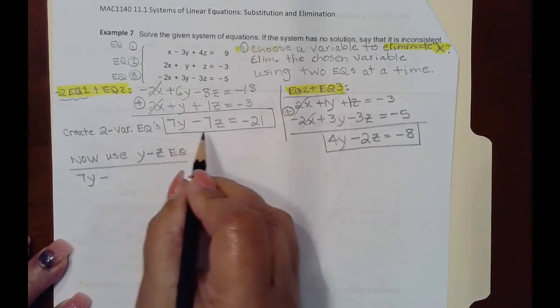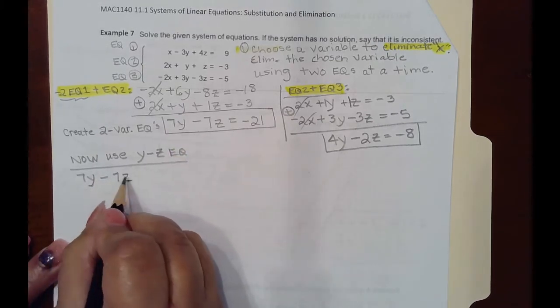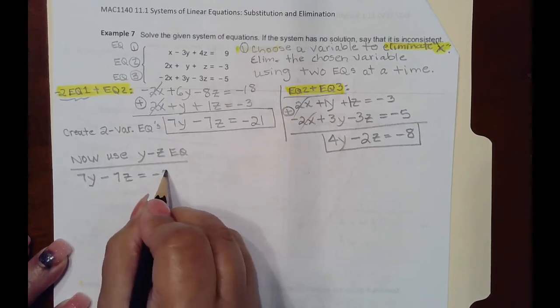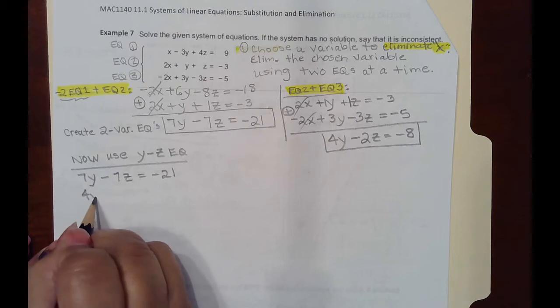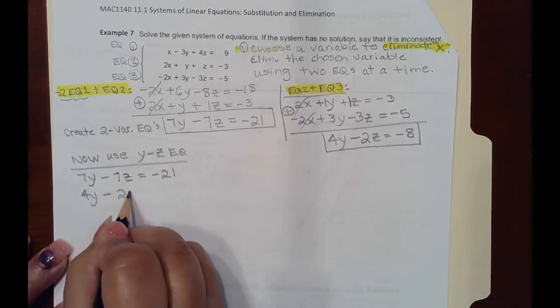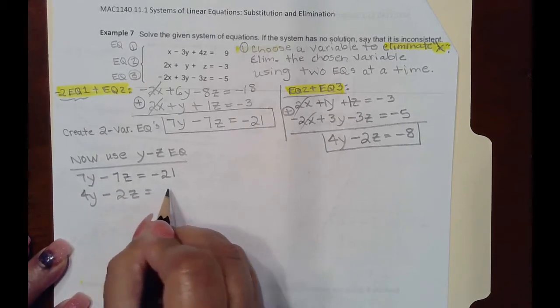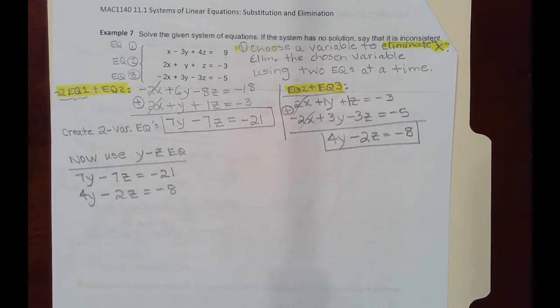One of them was 7y minus 7z equal to negative 21, and the other one was 4y minus 2z equal to negative 8. Now, if we can get rid of one more variable, again using elimination, we can get our first answer, and then we can back substitute to get the other 2 values.